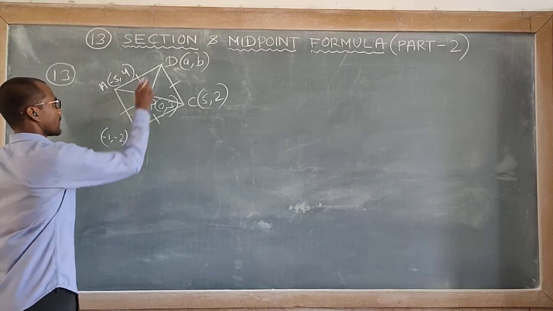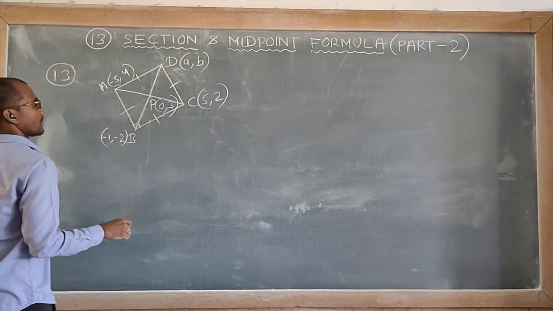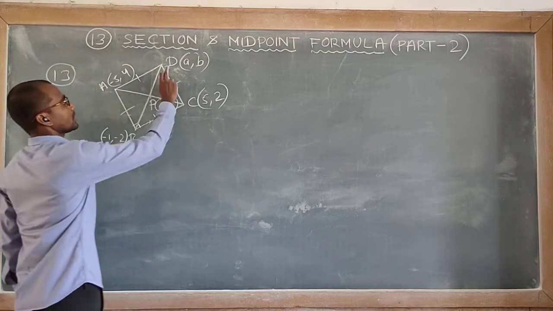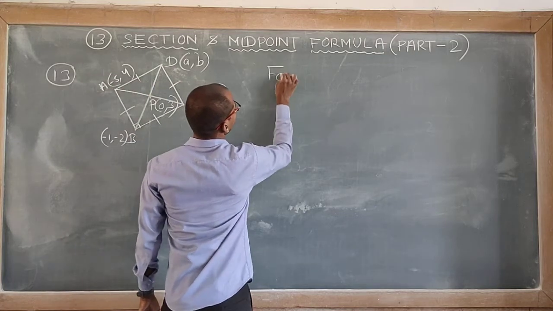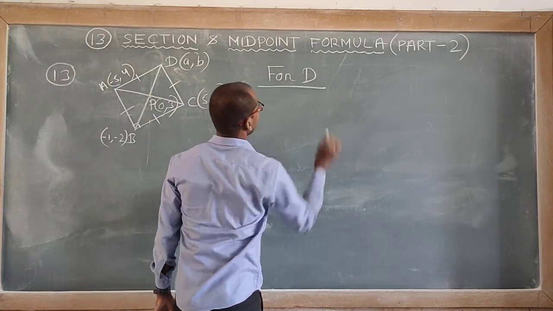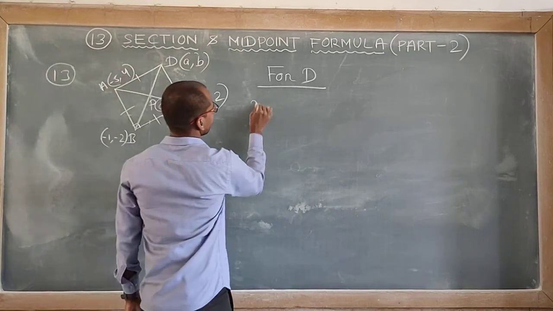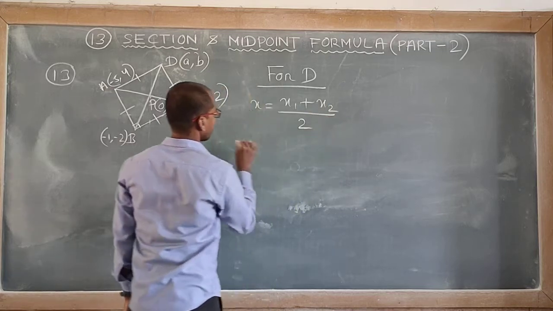Okay, BD is also a line segment. P is the midpoint of BD also. So you can assume that P is xy, B is x1 y1, D is x2 y2. Now for D, which is our target, x is equal to x1 plus x2 by 2.